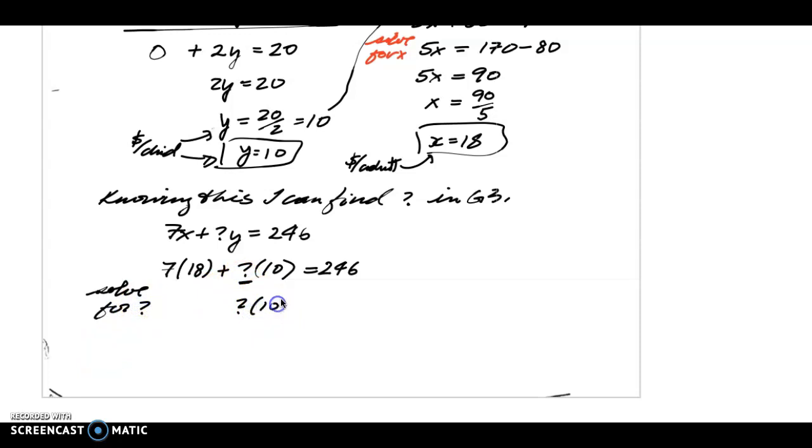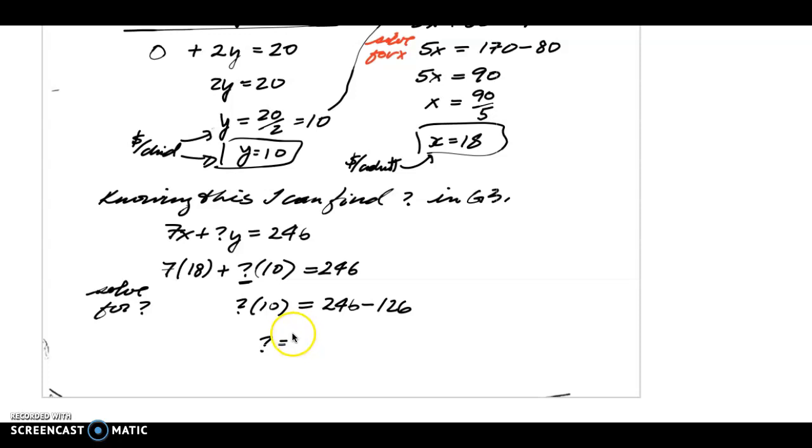So I'm going to subtract from 246 what 7 times 18 is, which is 126. Then divide both sides by 10.